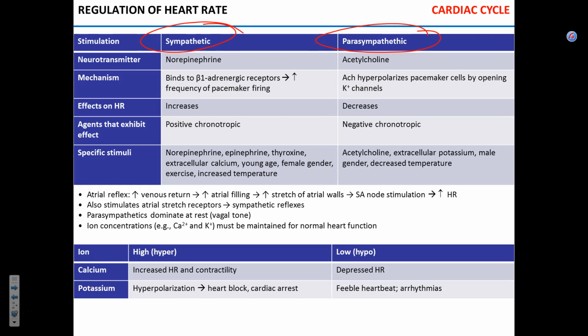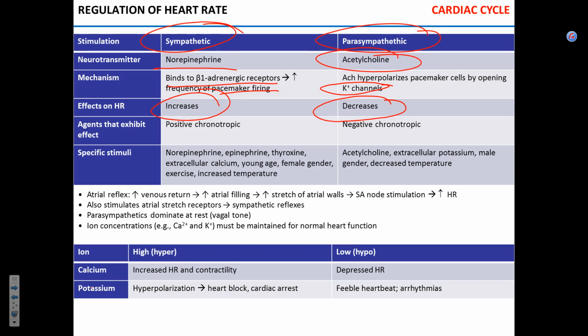So, sympathetic: norepinephrine binds to the receptors, increases the frequency of pacemaker potentials, increases the frequency of firing, higher heart rate. Acetylcholine coming out of the vagus nerve opens potassium channels on the pacemaker cells. Potassium flows out of the pacemaker cell, hyperpolarizes it, decreases heart rate. We good?